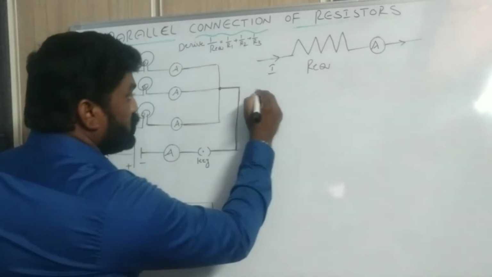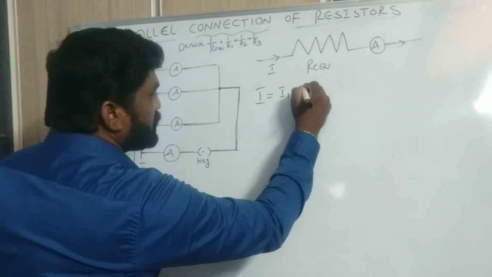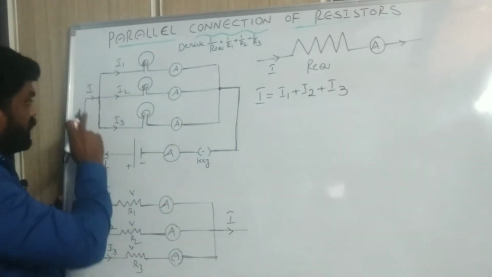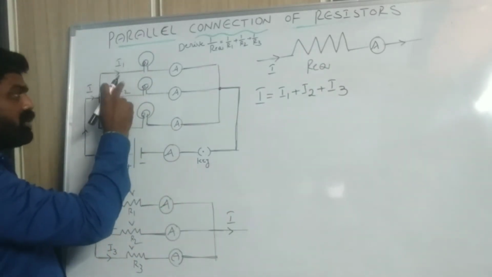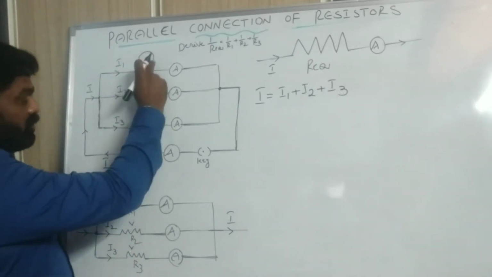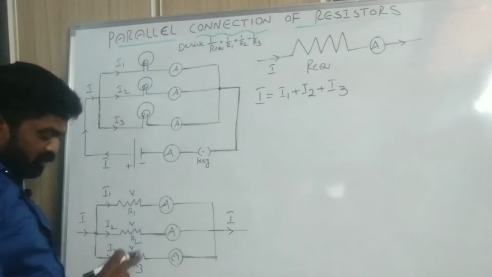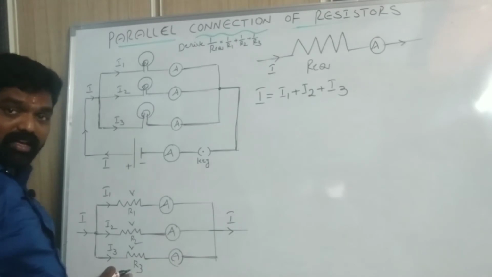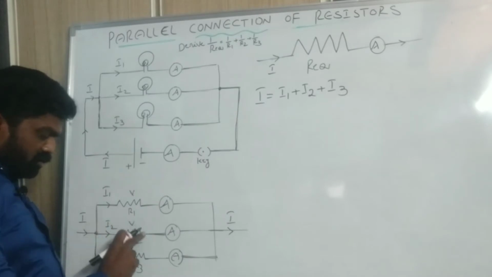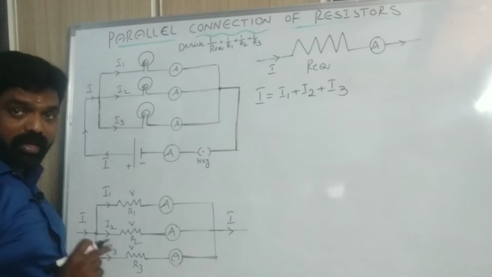It means I equals I1 plus I2 plus I3. Here I is divided into I1, I2, I3, right? Here the first bulb resistance is R1, the second bulb resistance is R2, the third bulb resistance is R3. Now I1 is the current through R1, I2 through R2, I3 through R3, right?